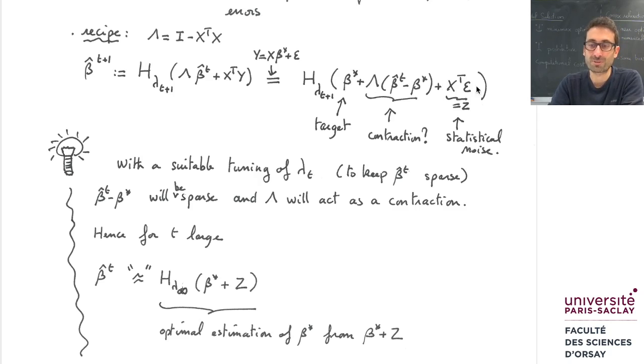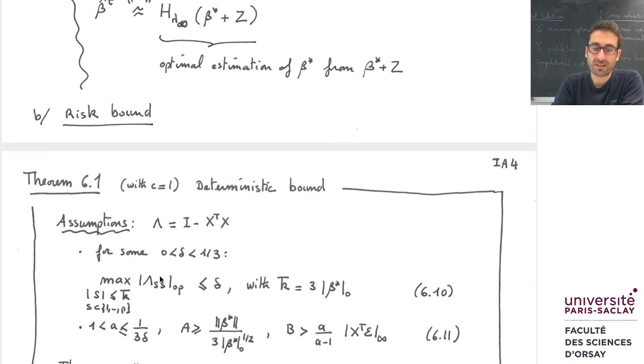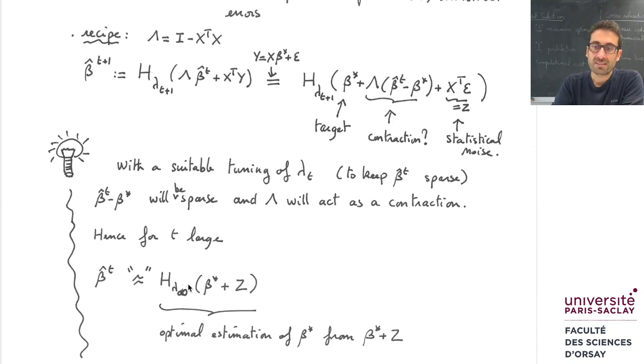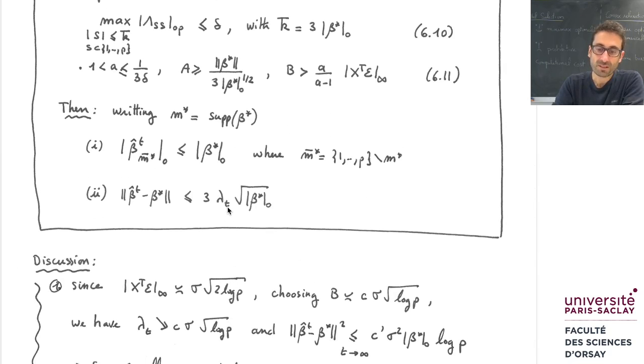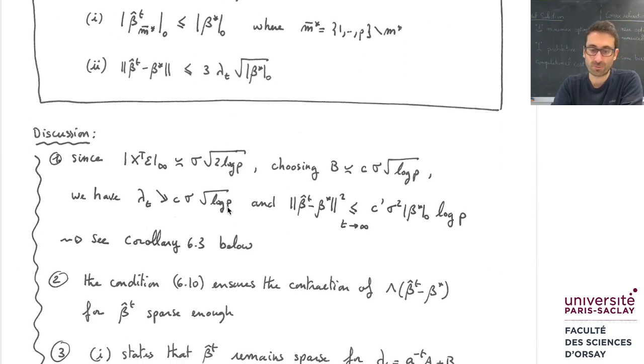And we want to have a contraction of this term, in order to have a contraction between beta hat t+1 and beta star. The hypothesis here on lambda ensures that if this is sparse enough, we will have a contraction of this term, and the contraction rate will be delta.